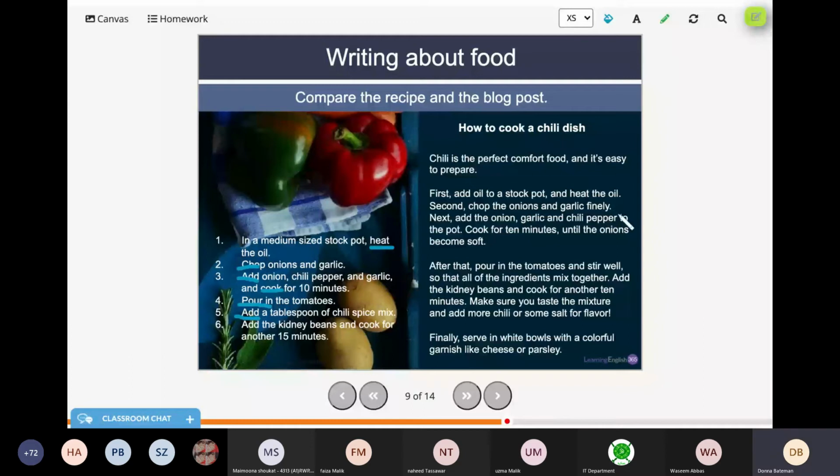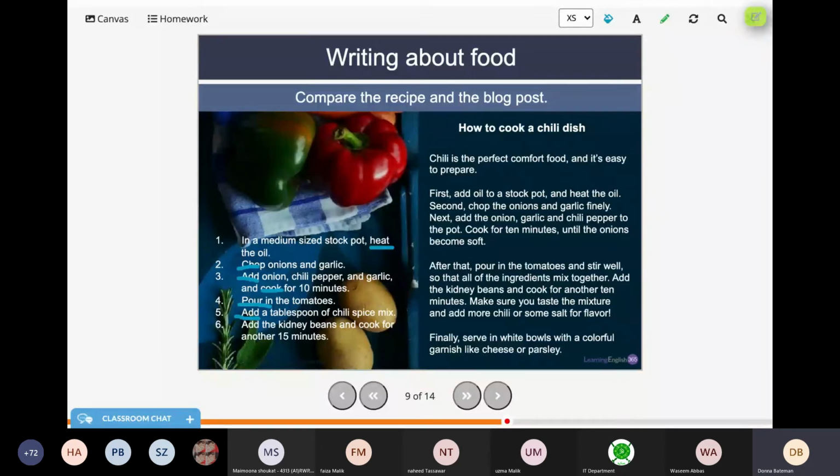And it tells us we need to cook the onion, garlic and chili pepper for 10 minutes until the onions are soft. So we can squidge them with the spoon. And it also gives us some extra tips on tasting the food. Does it need more chili?